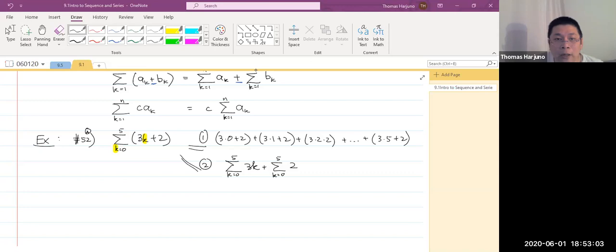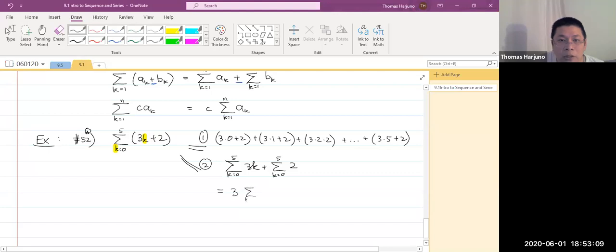Now from here, this is equal to 3 times the summation of k, plus, now notice that there are 6 terms here, each of them a constant 2.